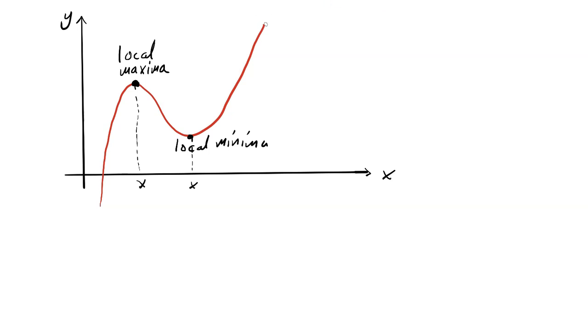For example, if the curve ends here and starts here, then we can talk about this point as the global maxima, because it's the highest point of the curve. Of course, a global maxima is also a local maxima, but a local maxima doesn't need to be a global maxima. And this point here is a global minima.